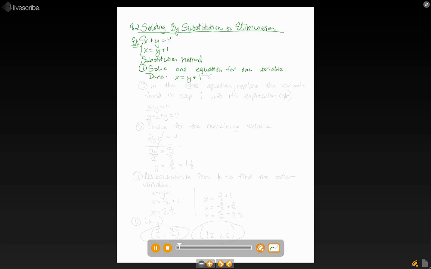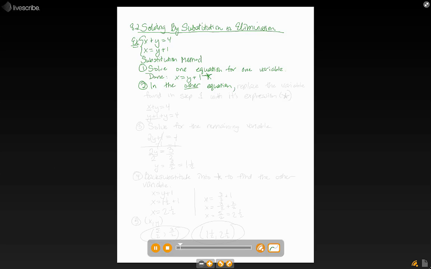Good? Step 2. In the other equation, actually, before I do that, call that first equation that we just found, x equals y plus 1, call it star. Okay? I'm going to call the equation star, so when I refer to it, you know what I'm talking about.